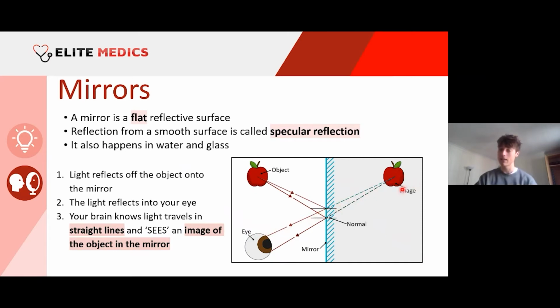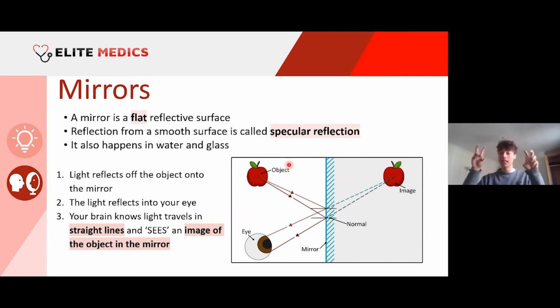It's as if this image was emitting light rays, which fit what we see here, being reflected off the mirror. So that's why we can see images behind mirrors: when the incident light rays are reflected, it looks like the object is emitting from behind the mirror and producing this image here.